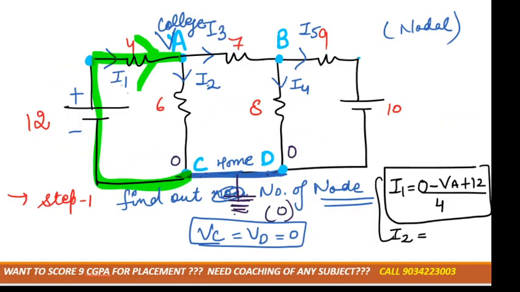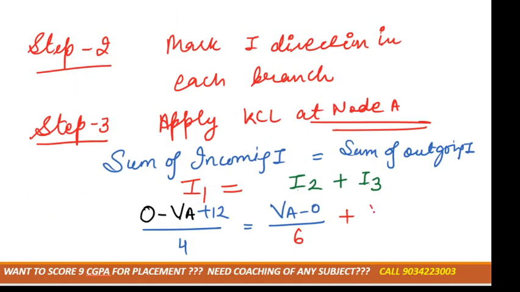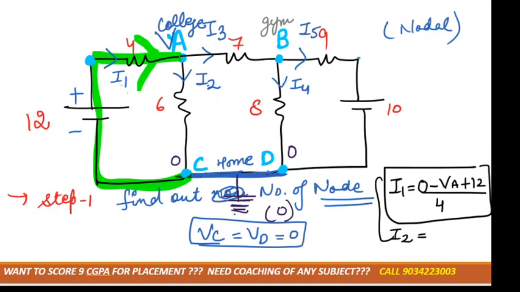Now similarly, tell me for I3. I3 is moving from VA to, you can imagine that point B is your gym, okay? I3 is moving from A to B, right? So that would be VA minus VB divided by the resistance.